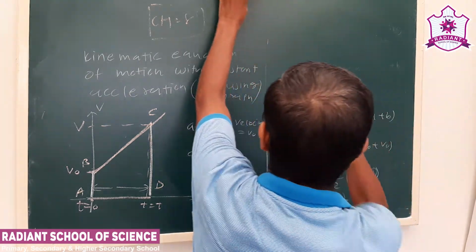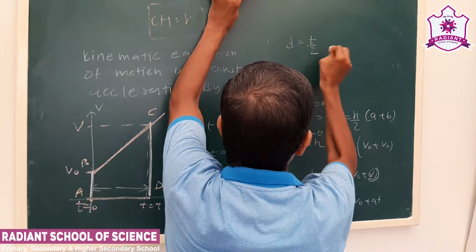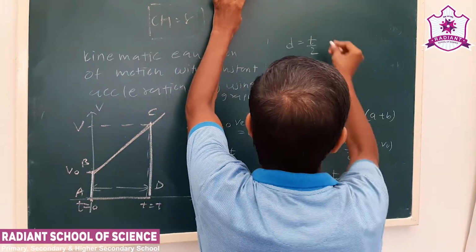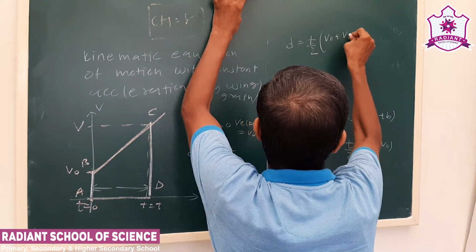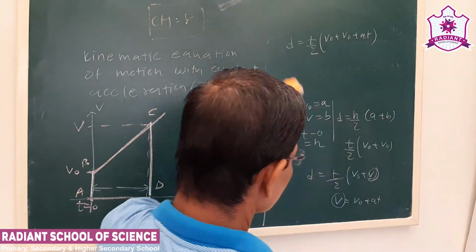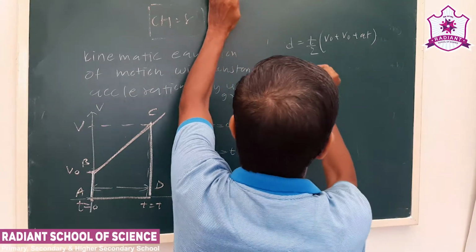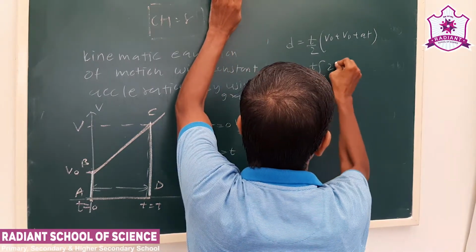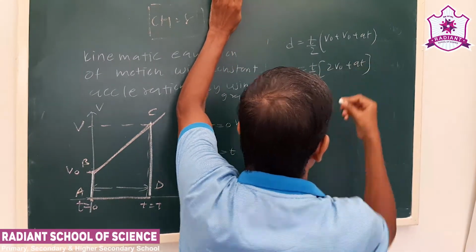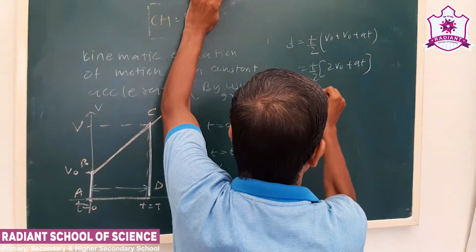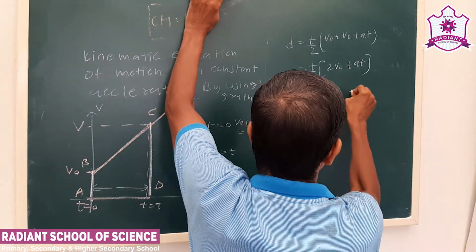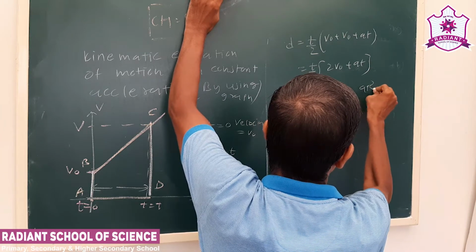So now we substitute t by 2 into v0 plus v0 plus at. Now we simplify. 2v0t by 2, plus at into t, that is at square upon 2.